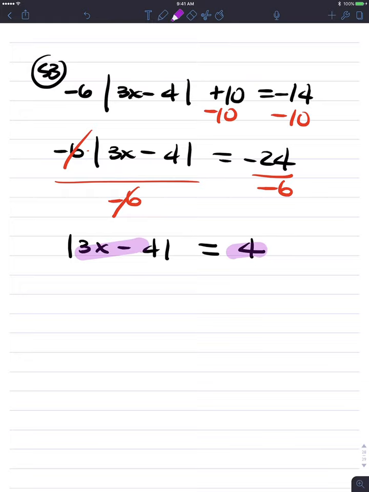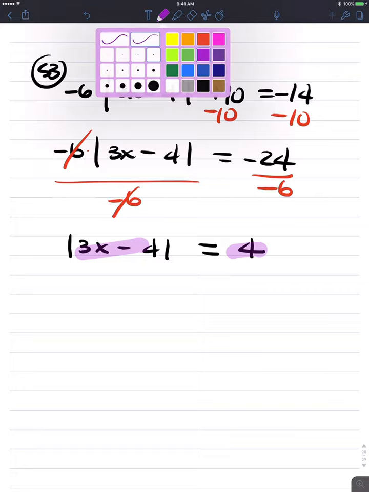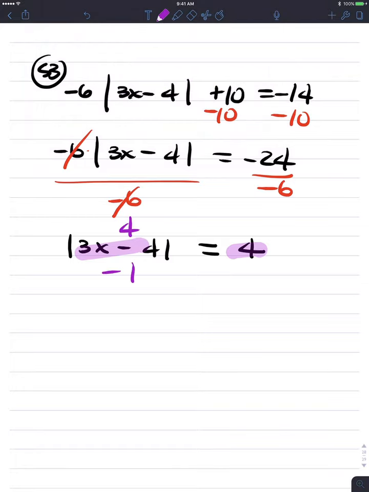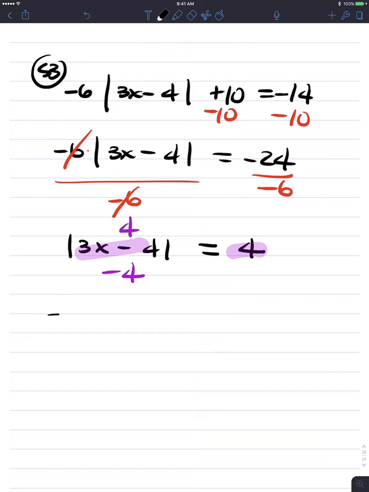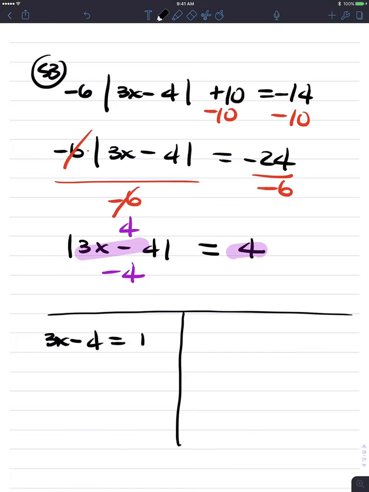3x minus 4 in one case is positive 4, and in the other case is negative 4, because the absolute value of both of these numbers is positive 4. So 3x minus 4 is 4. 3x minus 4 is negative 4. Let's solve each equation.